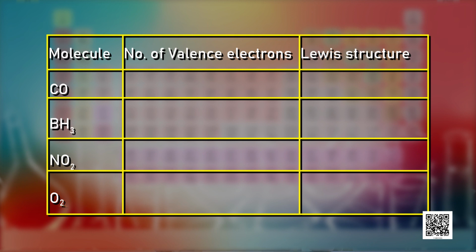And in the third, you can make space according to your own requirement and draw the Lewis structure. So, you can draw the Lewis structure of carbon monoxide, that is CO, BH3, NO3 and maybe oxygen. So, try doing it. Okay.